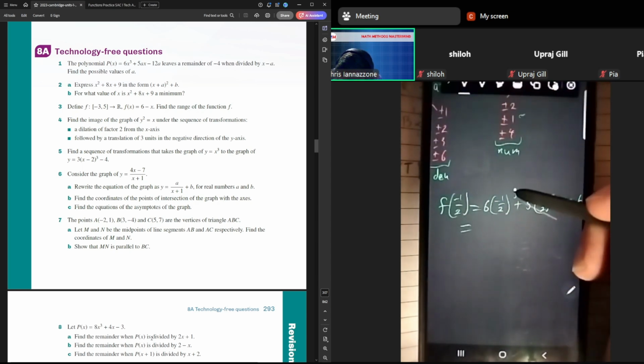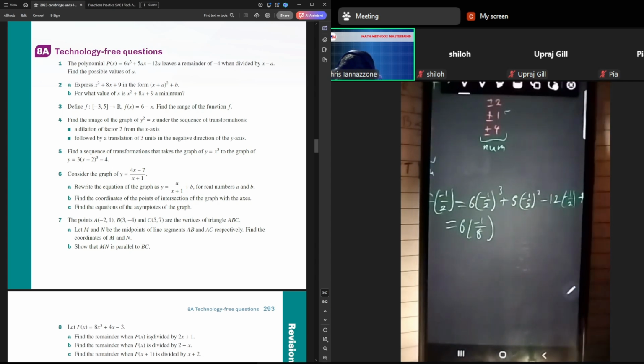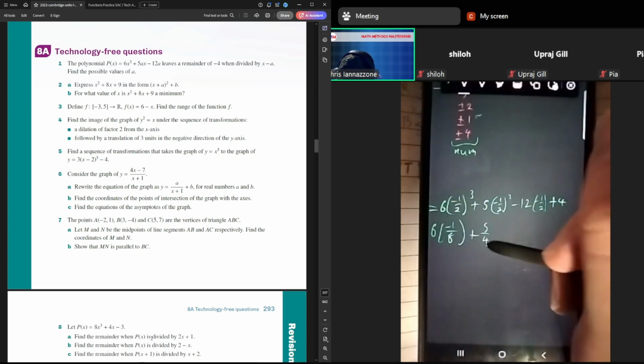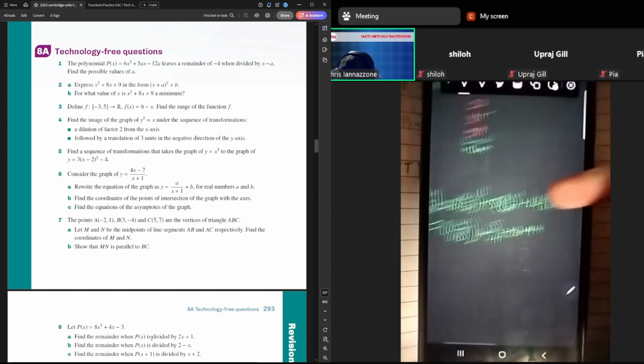Alright, negative a half cubed. That's just going to still make it negative because it's cubed, but then you're going to have 2, 4, 8 on the bottom. And then squaring is going to make it a quarter, so 5 over 4 for that one. And then negative 12 and negative a half is going to make positive 6, and then a positive 4 there.